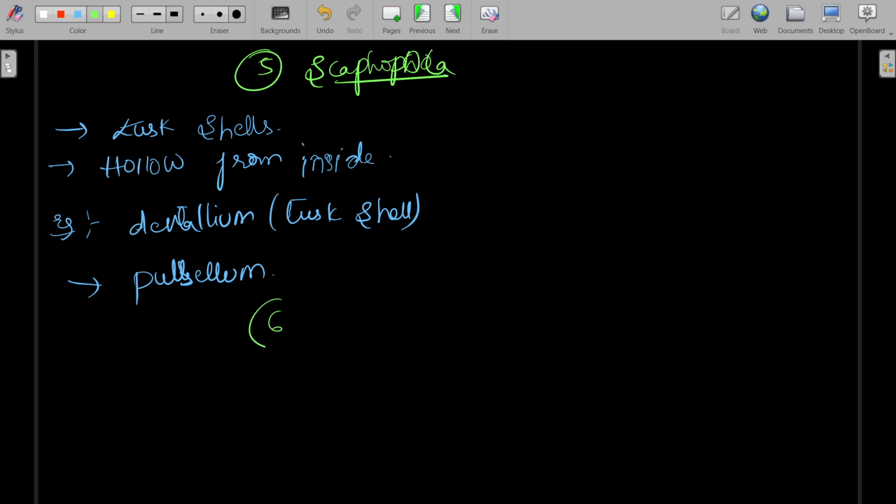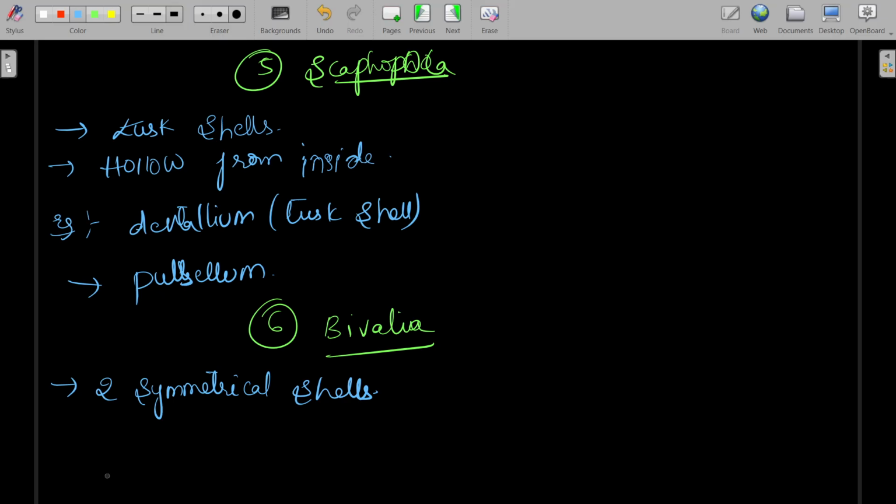Next, coming to the sixth class, Bivalvia. The organisms of Bivalvia have two symmetrical shells. Examples of these organisms are Lamellidens, a freshwater mussel.